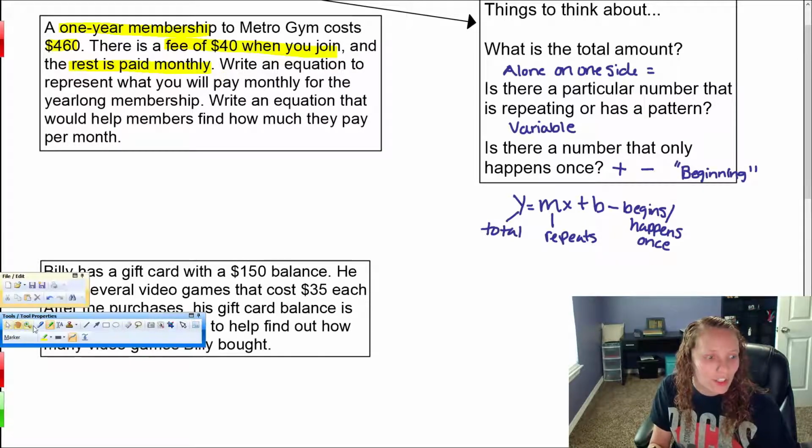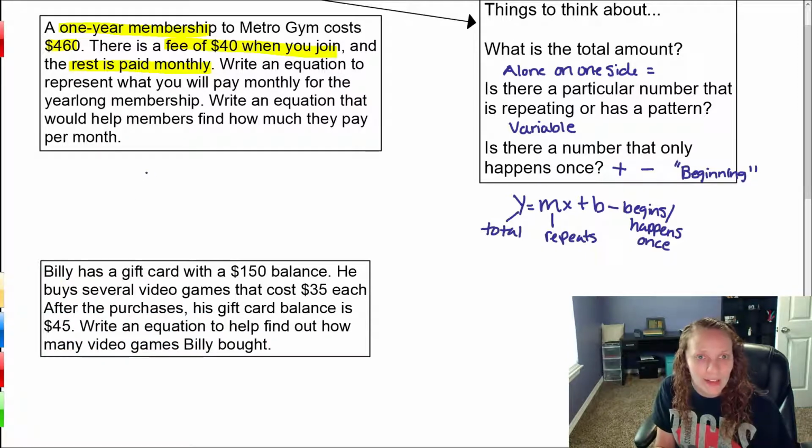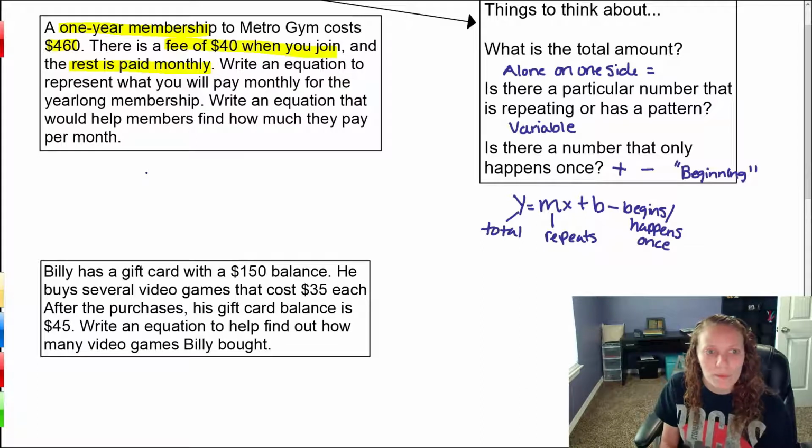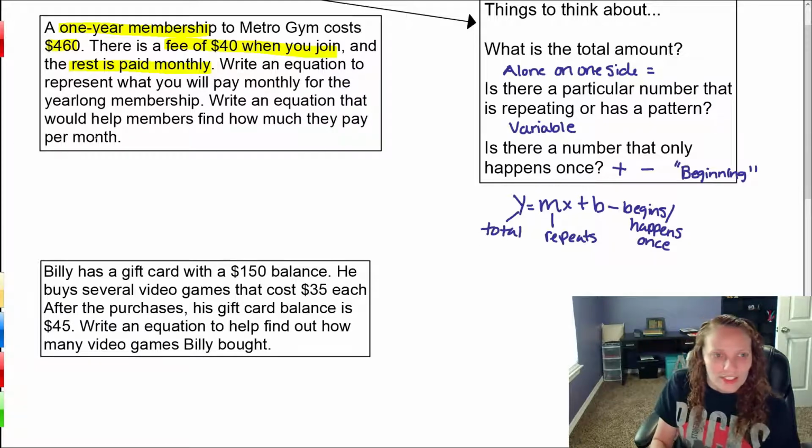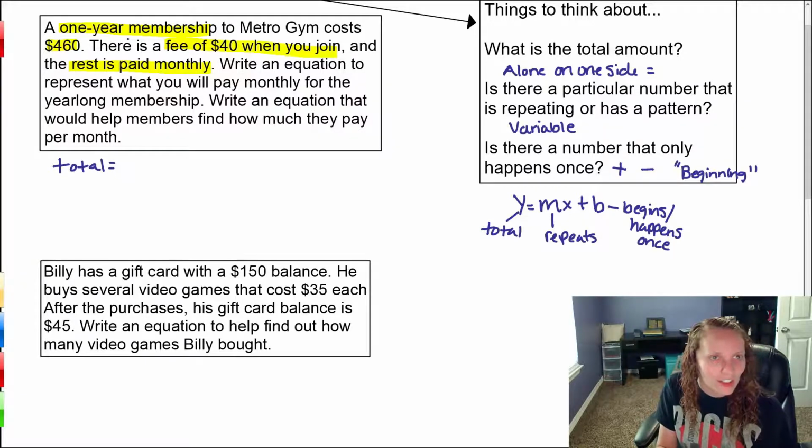Write an equation to represent what you will pay monthly for the year-long membership. Write an equation that would help members find out how much they pay per month. So remember, we're going to use the y equals mx plus b. Let's define the total. So the total would be for the whole entire year, which would be $460.